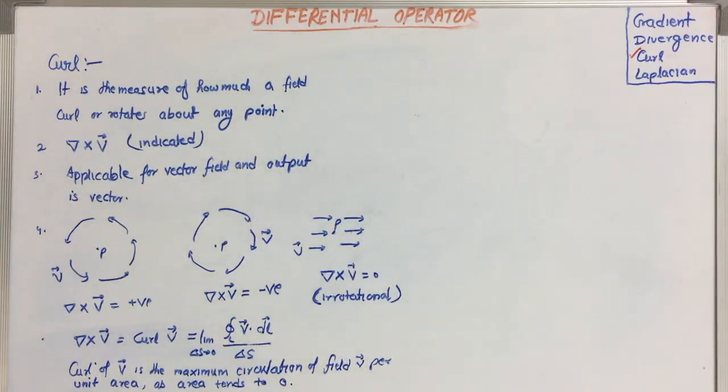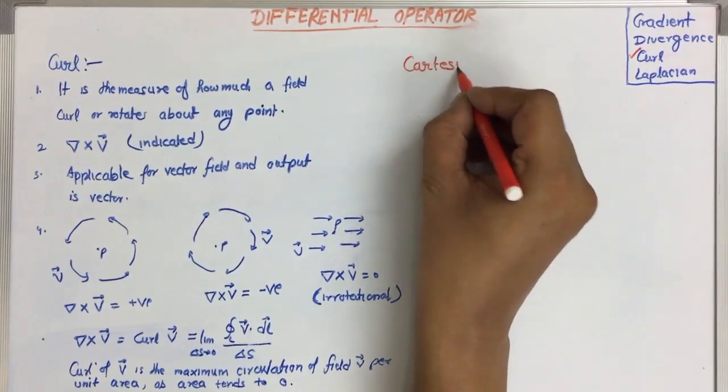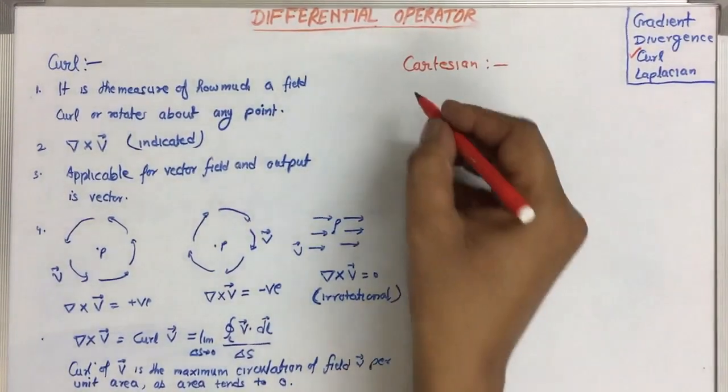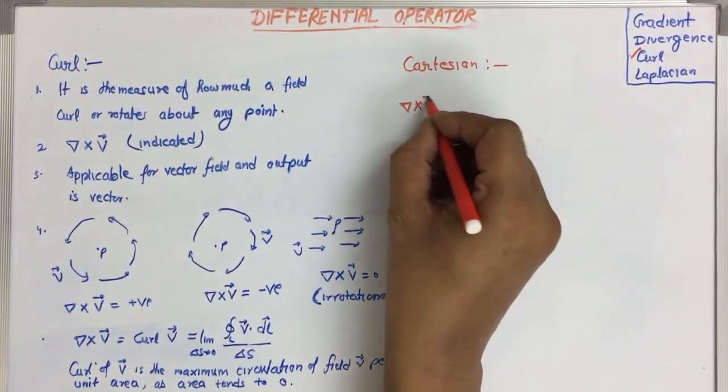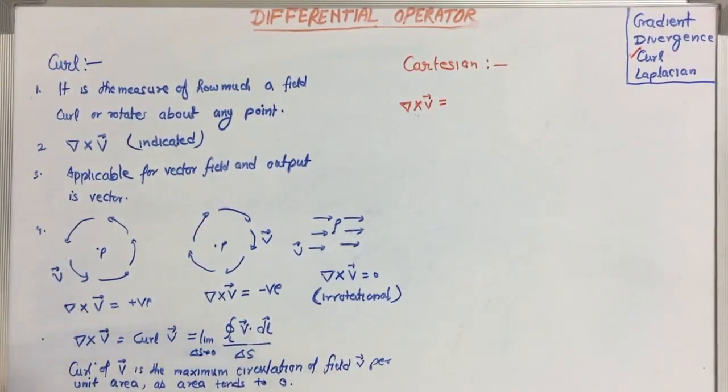Now mathematically, in Cartesian, cylindrical and spherical coordinate systems, we can write it. In the Cartesian coordinate system, the curl of vector field V can be written as follows.